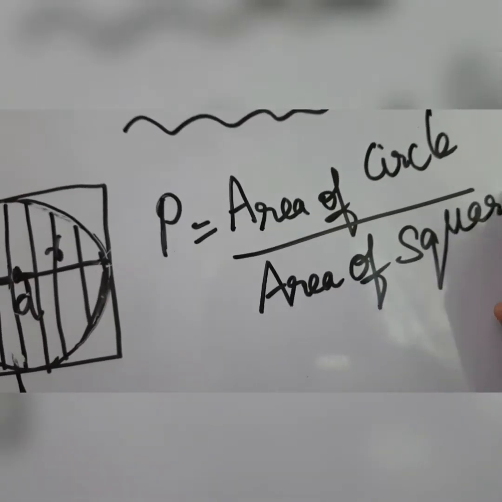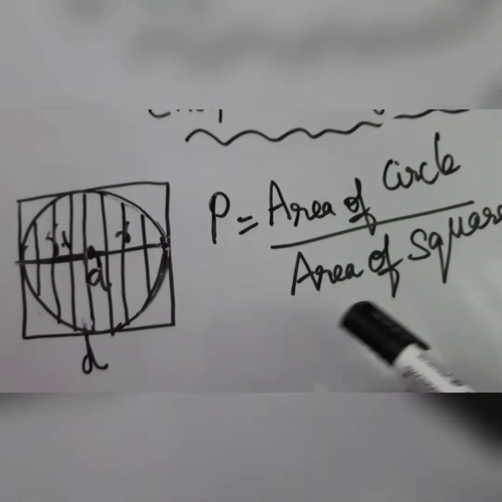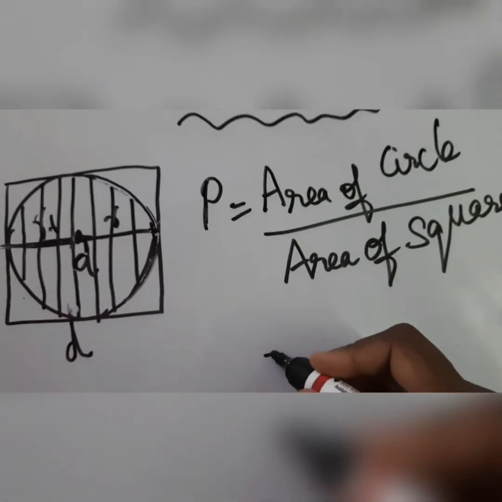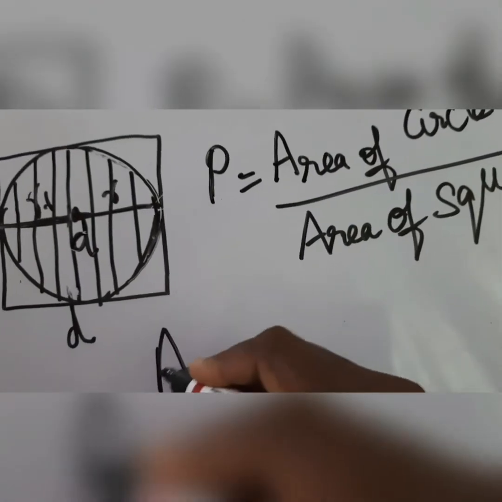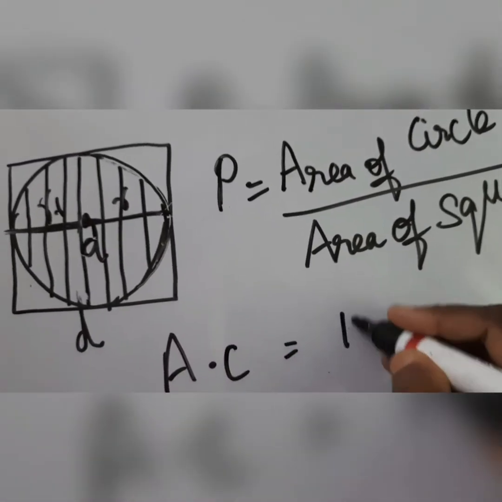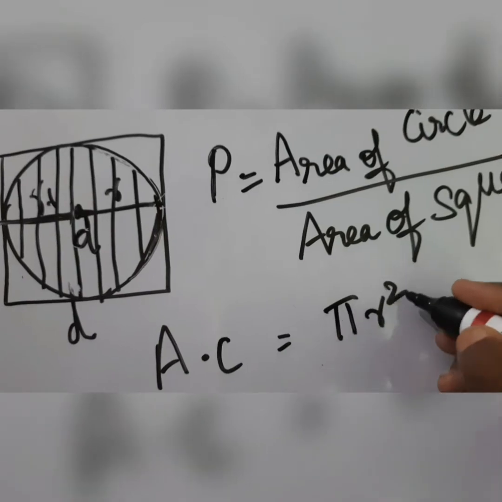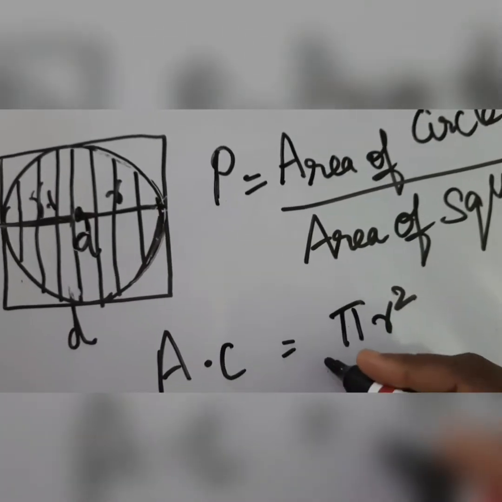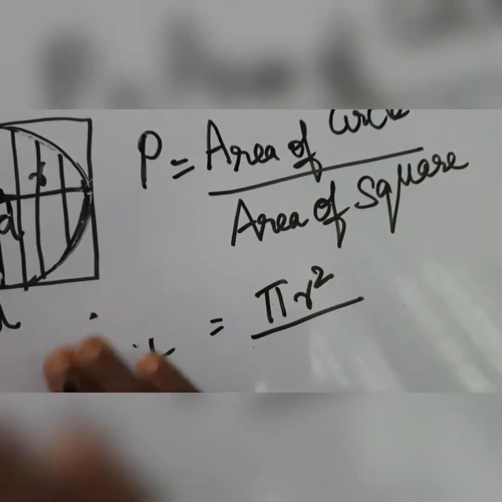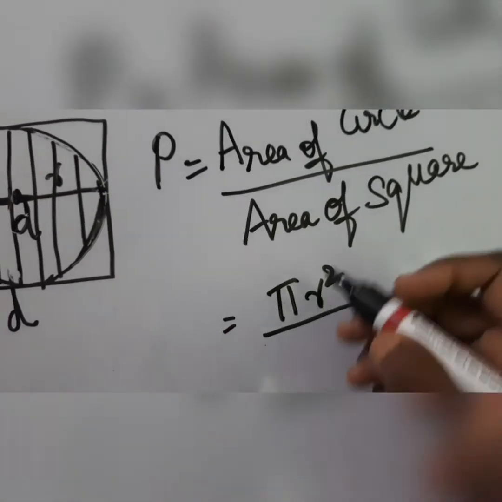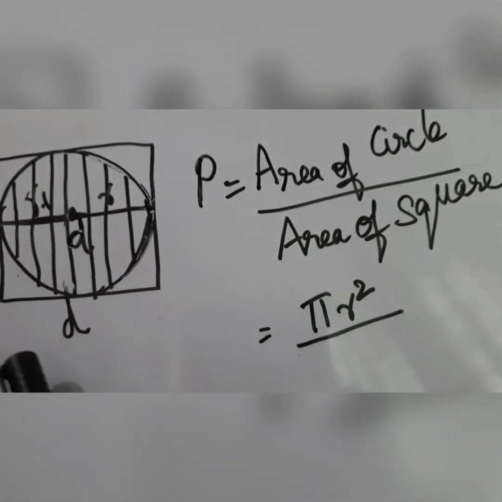Area of square is the total area, so it will come in the denominator. Now, what is area of circle? Area of circle is equal to pi r square. And what is area of square?